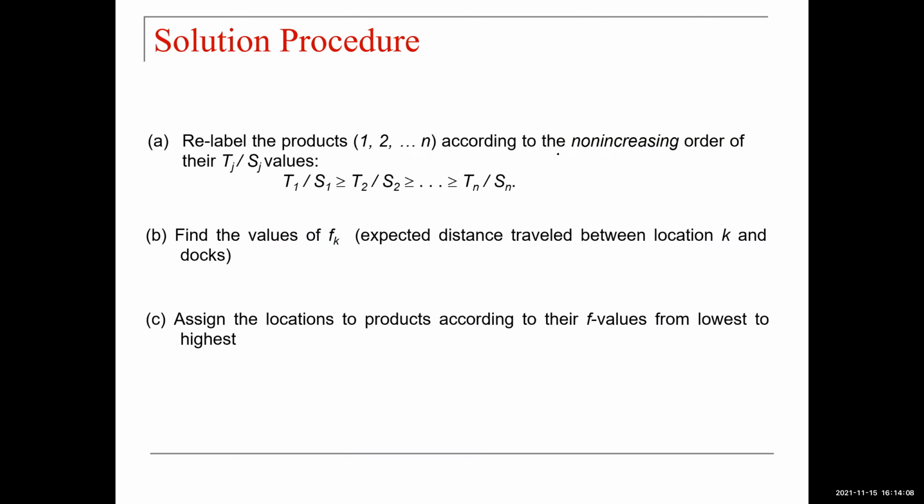So we're going to compute this ratio for each one of the products. In our case, we have 2 products. And then we are going to assign a priority based on that ratio. So the product with the highest ratio will be placed first into the warehouse based on those F values from lowest to highest.